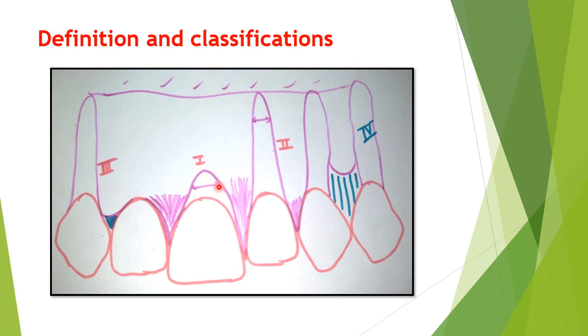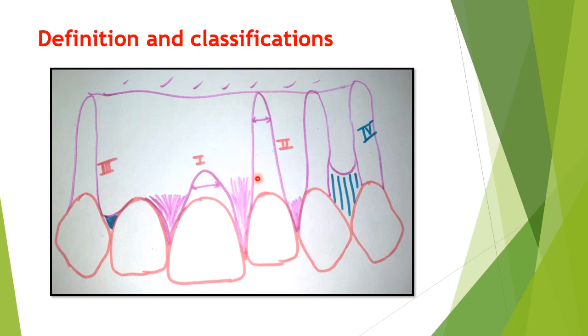According to Sullivan and Atkins, they have given a shallow recession, a deep recession, and then a narrow recession if we consider the width of the recession, and a wide recession. They have not given any landmark.